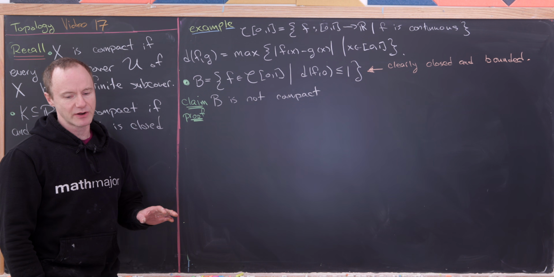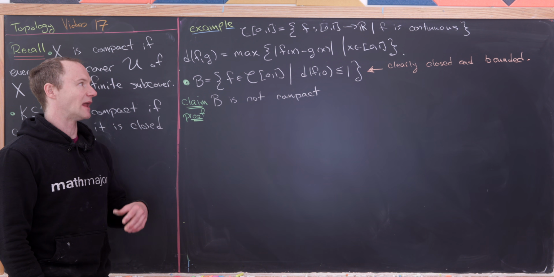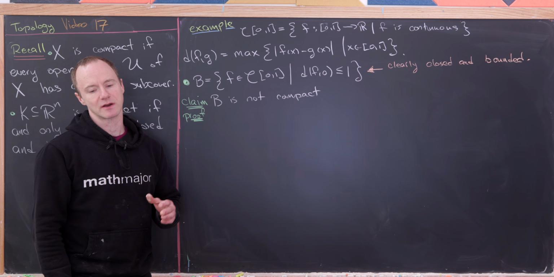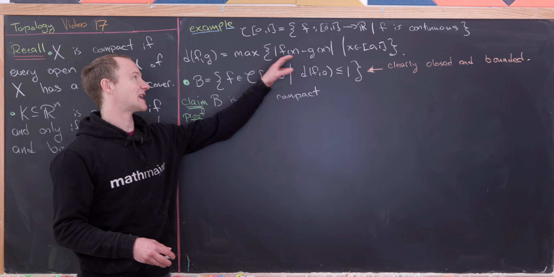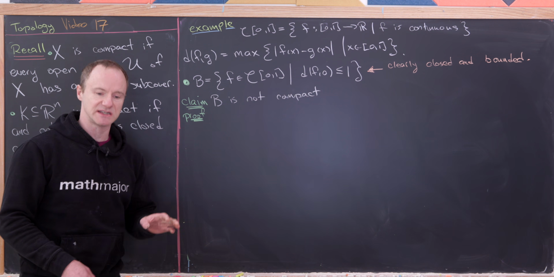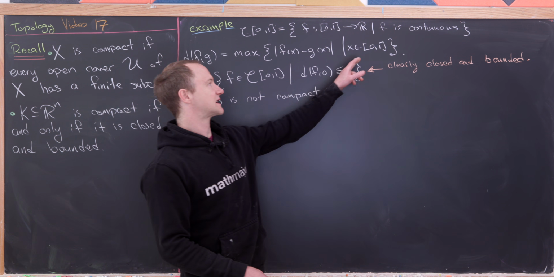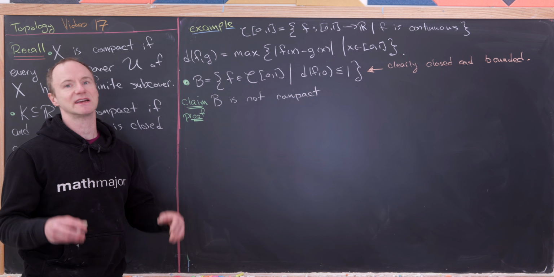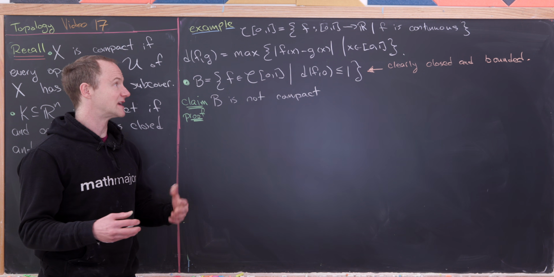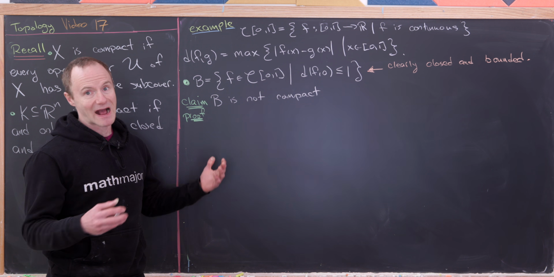And you might say, how do we know that that maximum exists and we don't just need the supremum here? Well, we know that the maximum exists because this absolute value of the difference is a continuous function with a compact domain, and we can use the extreme value theorem to give us a maximum.